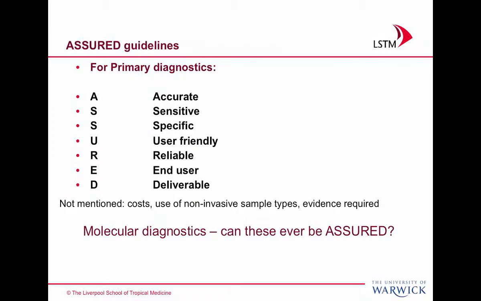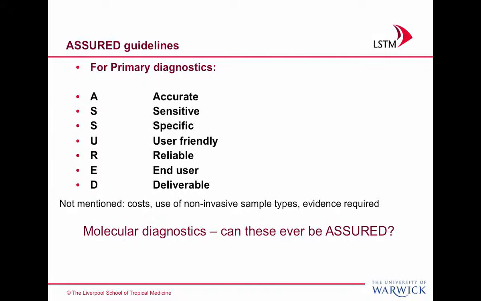So we try to work off ASSURED guidelines which have been developed for diseases associated with poverty. Our diagnostics should be accurate, and that's in terms of diagnostic accuracy. They should have high sensitivity, high specificity. They should be user-friendly. They should be reliable and robust. We're often talking about situations where temperatures can reach 45 degrees.